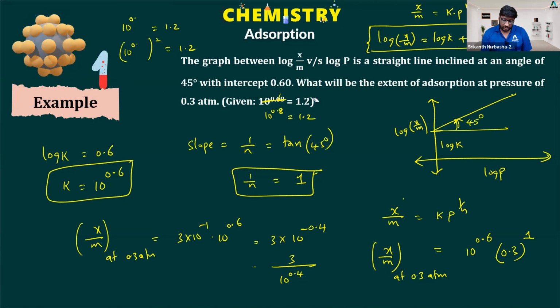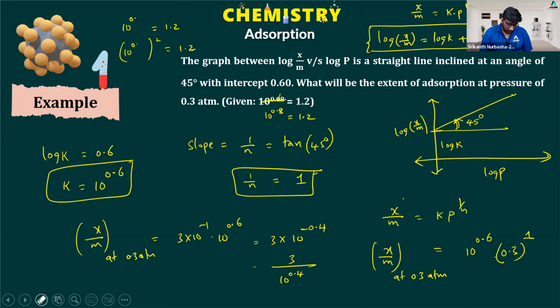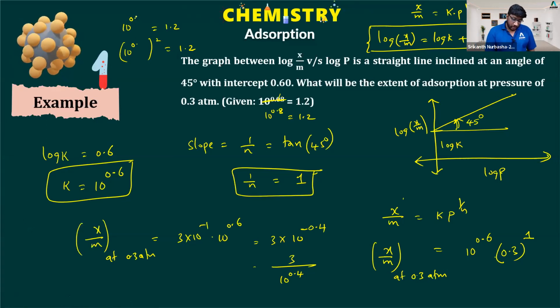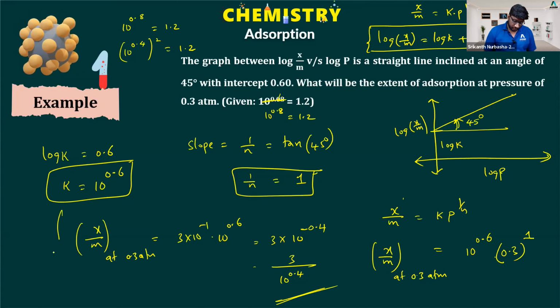So that you will get in terms of 10 power minus 10 and all. That's why you consider 10 power 0.8. 10 power 0.8 means 10 power 0.4 whole square. So 10 power 0.4 is nothing but root 1.2. So from there you can get this answer.